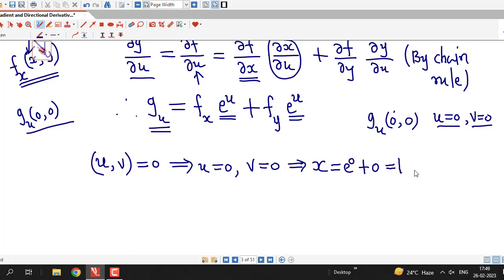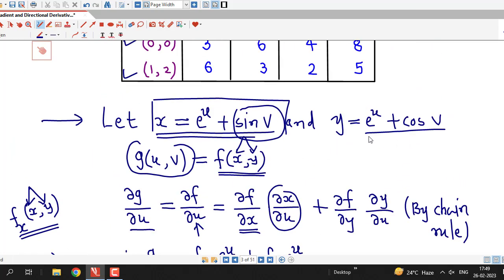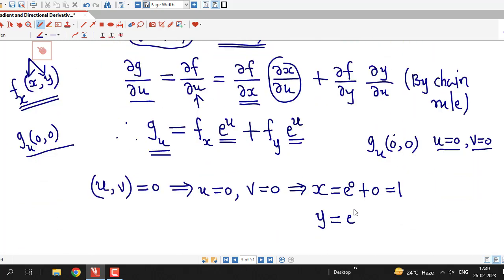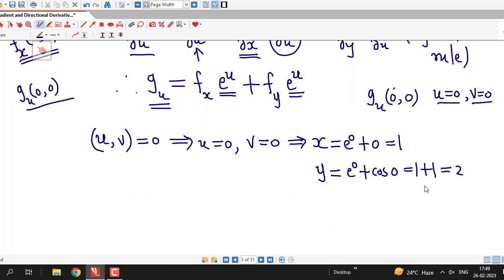Sine 0 is 0, that is x equal to 1, and y is e raised to u plus cos v. u and v are 0, therefore e raised to 0 plus cos 0. Cos 0 is 1, so we have 2 here. So whenever uv equal to the ordered pair (0,0), this (x, y) will take these two values 1 and 2.